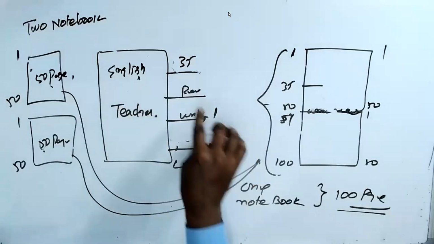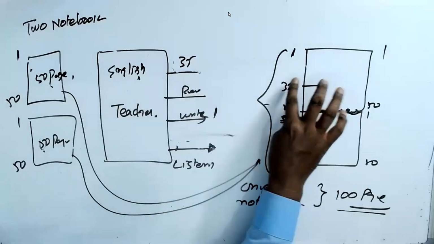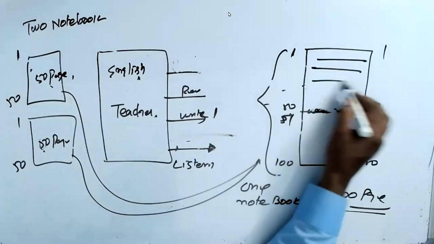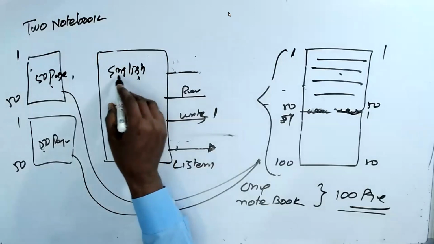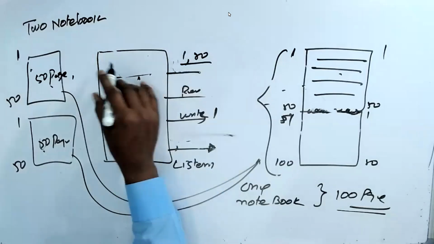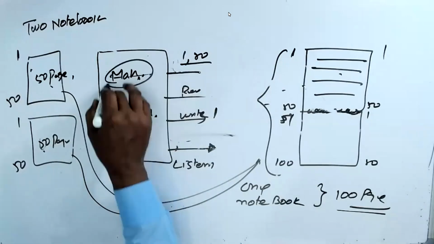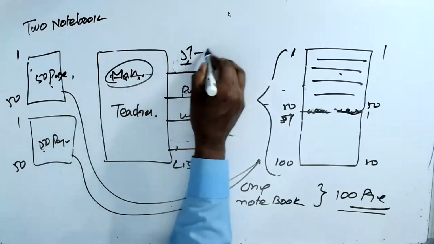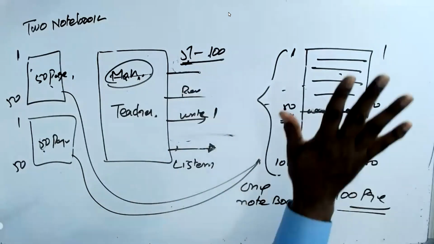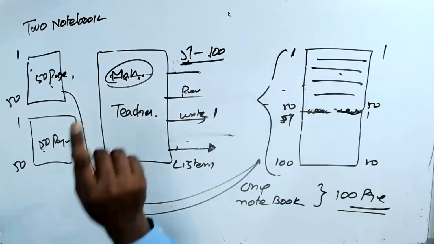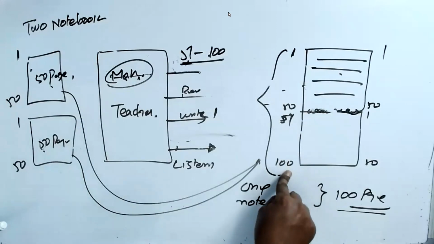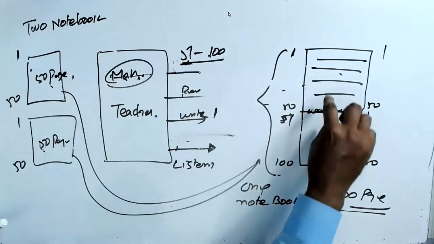Sorry, for math it's not possible, because in the ruled notebook you cannot do math. So if the English teacher comes, he will say 1 to 50. When they do maths, the maths teacher will use from 51 to 100. Understand? So you have two notebooks stitched, the English teacher will use 1 to 50 and the math teacher will use 51 to 100. The two functions are both in a single notebook.